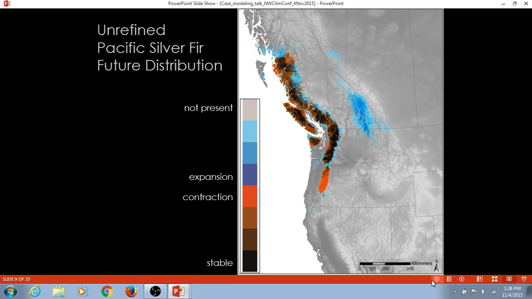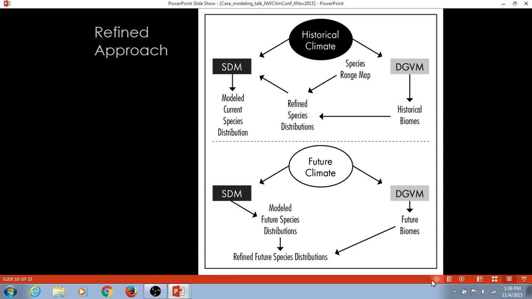And then if it were stable, then it just got the black color, okay? Stable meaning it was there historically, and the species distribution model projects that it's still going to be climatically suitable in the future. Stable, okay? So those are the unrefined projections. I'll be coming back to those.